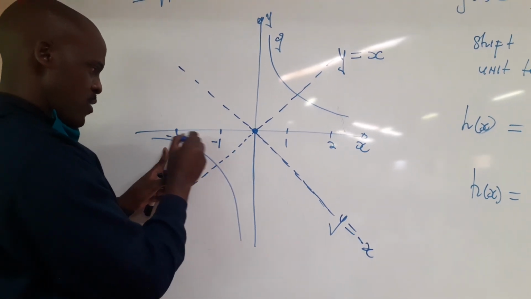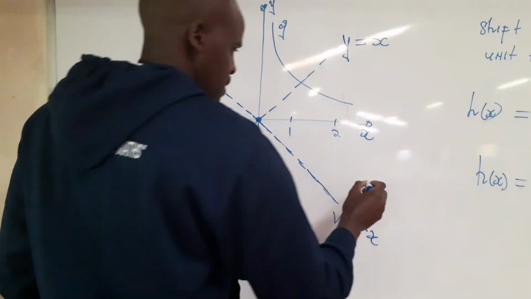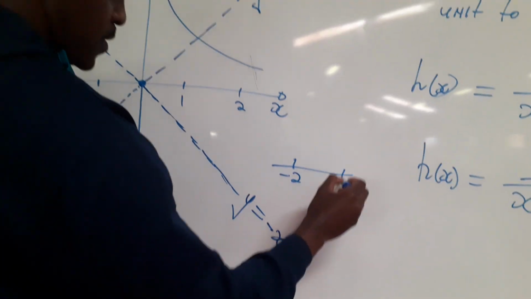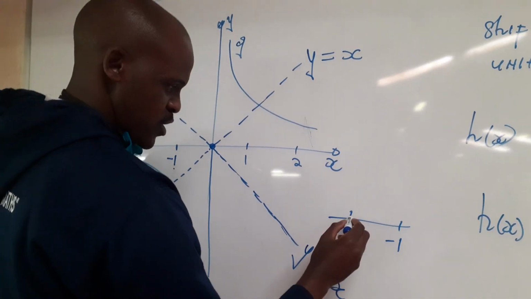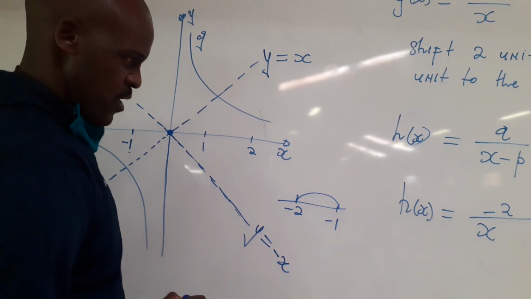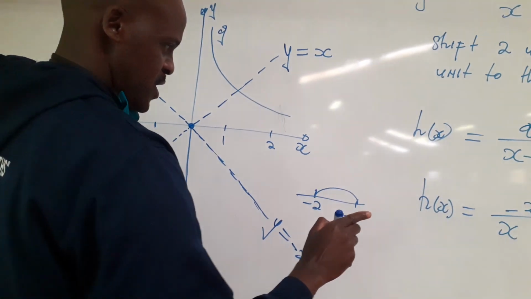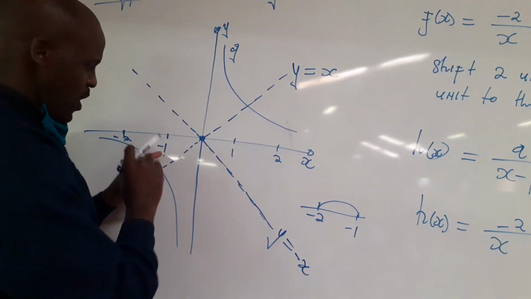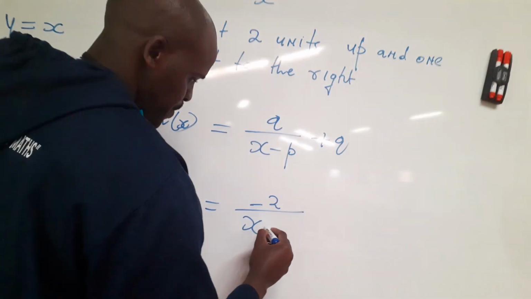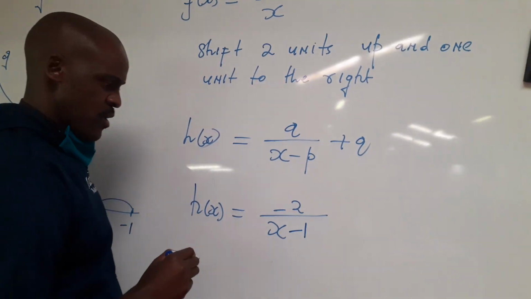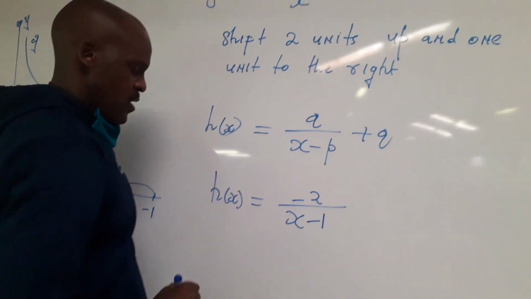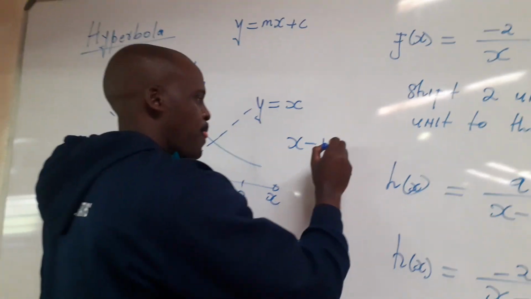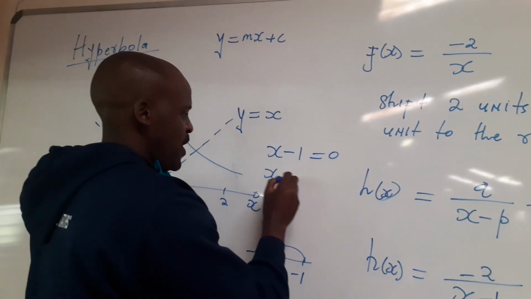We are shifting it from negative 2. If you are to shift 1 unit to the right, you move that way. So for 1 unit to the right, you are subtracting 1. It's x minus 1. If you solve for x there, x minus 1 equals 0, so x is equal to 1.